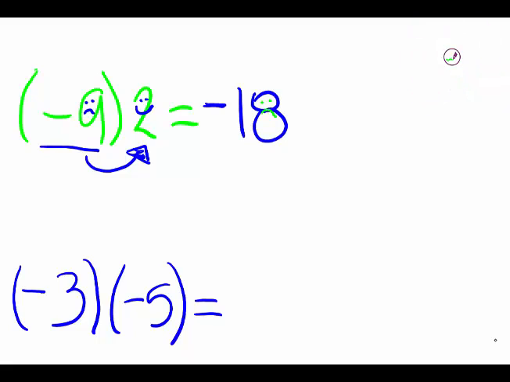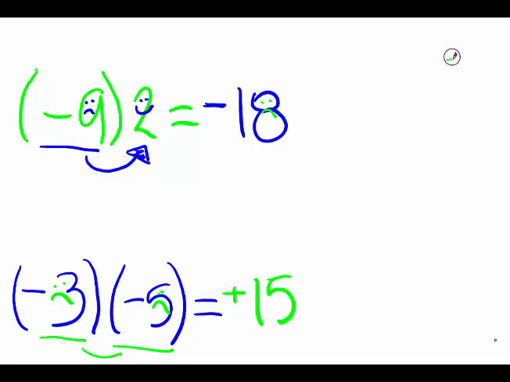And then with -3 and -5, these are both sad numbers. But when you multiply them together, this integer and this integer, they're just like, why are we both so sad? This doesn't make any sense. So they laugh about it and they become positive. And 3 times 5 is 15.